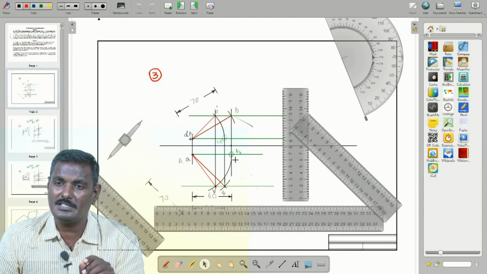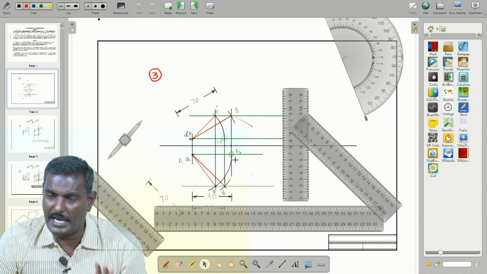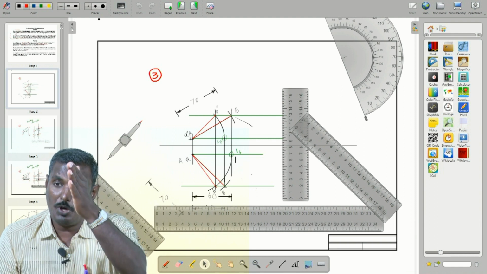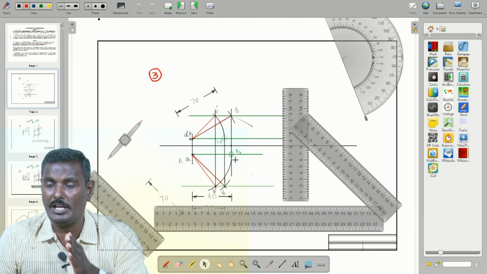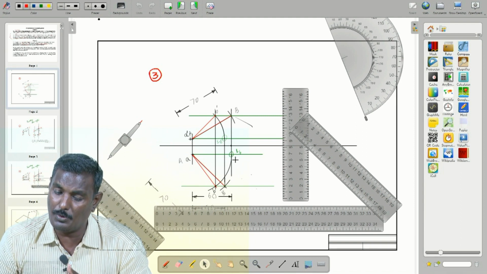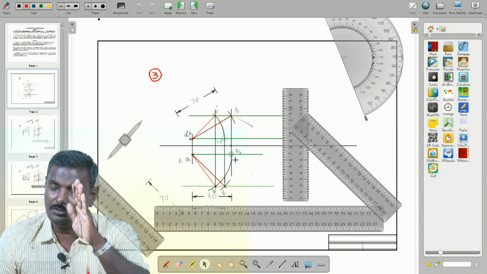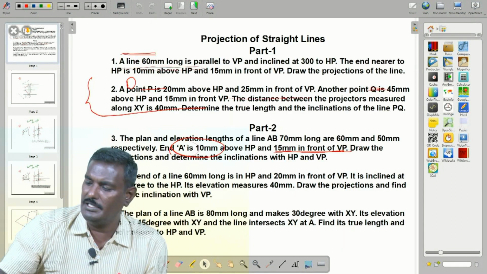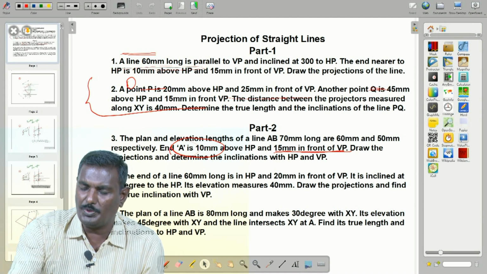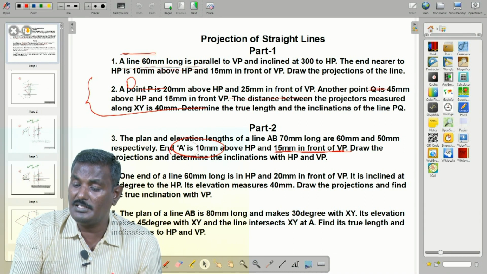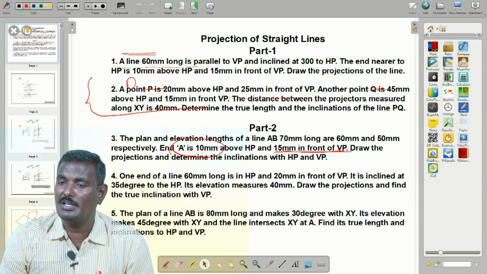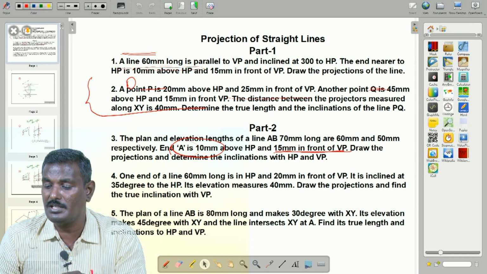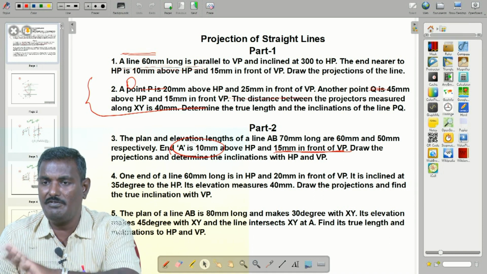That point is determined as B dash. If you draw a line from B dash, it passes through small b, or if you draw a projector from small b, it passes through B dash. So, that is the projection. What about the final statement? Once the projection is drawn, determine the inclination with HP and VP.